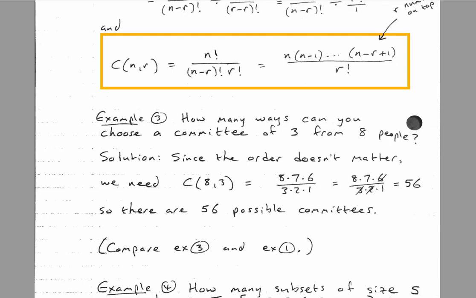It's much easier to cancel. So on the bottom we have 3 times 2 is 6, so these cancel, so we're just left with 8 times 7 on top, 56 over 1, so 56. And then answer the question. So there are 56 possible committees.